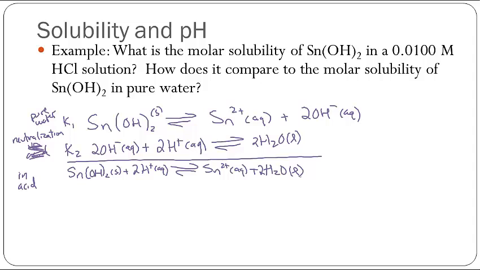So, what information do we now need? We need the KSP of tin hydroxide, which, from our formula sheets, is very small. And now, my K for this one is the same thing we did before.